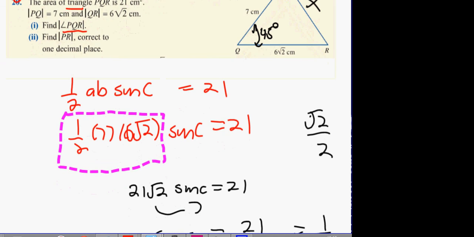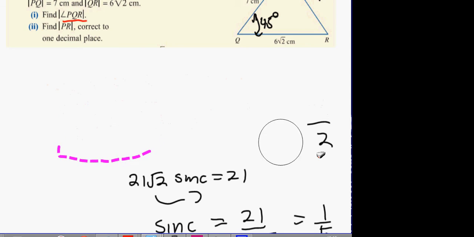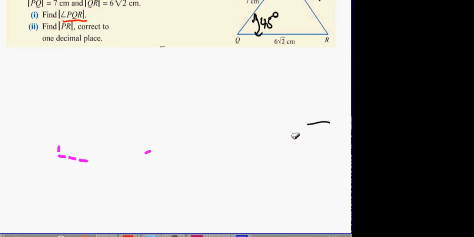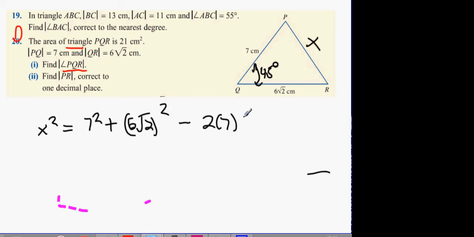Cosine rule. Do the cosine rule. And once you do the cosine rule, what we're going to do is this. We're going to get x squared equals 7 squared plus 6 root 2 squared minus 2 times 7 times 6 root 2 close bracket cos 45.